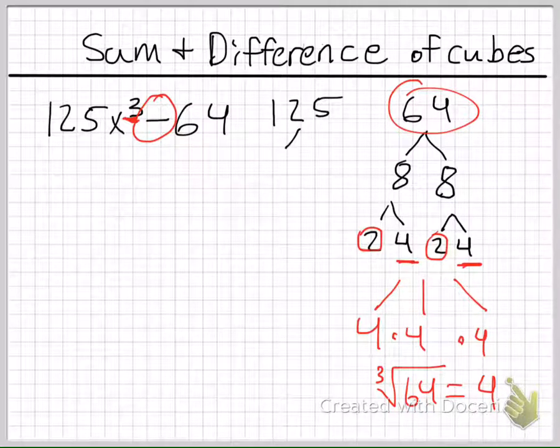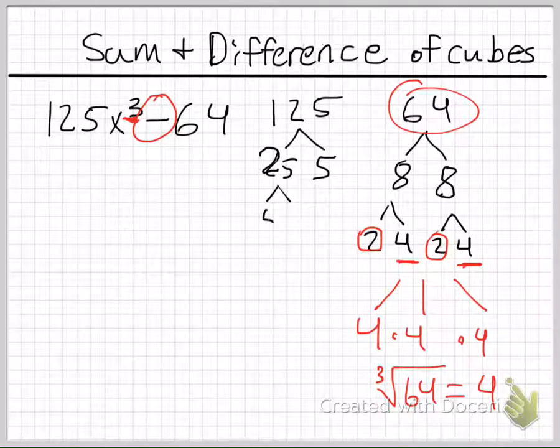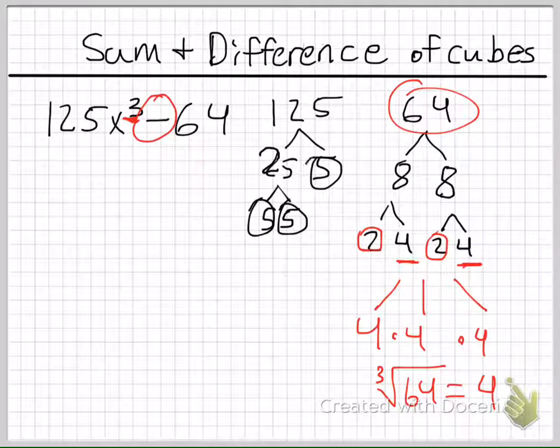And 125 clearly becomes, if we factor this into 25 and 5, and then this will become 5 and 5. So again, we have one number that multiplies by itself 3 times to give me 125. So I know that every number in here is a perfect cube because I was able to find its factors.